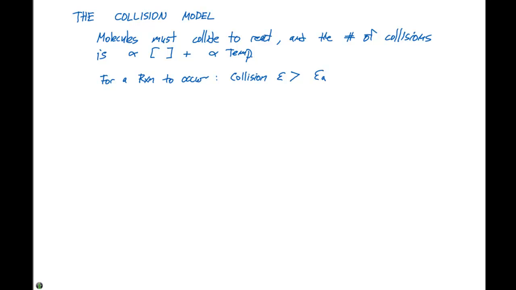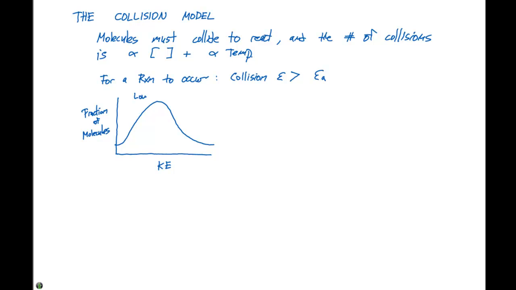So if we look at a plot of the fraction of molecules and we look at their kinetic energy, we're going to see a plot that looks something like this. Okay?